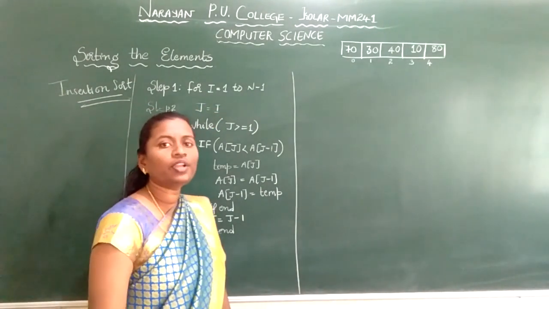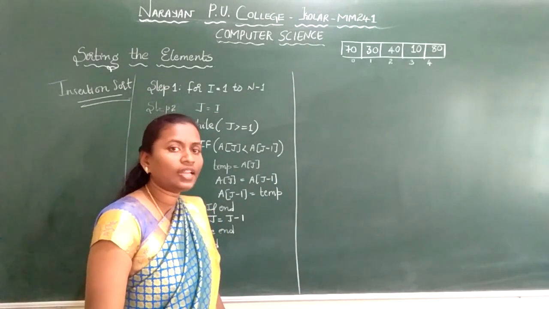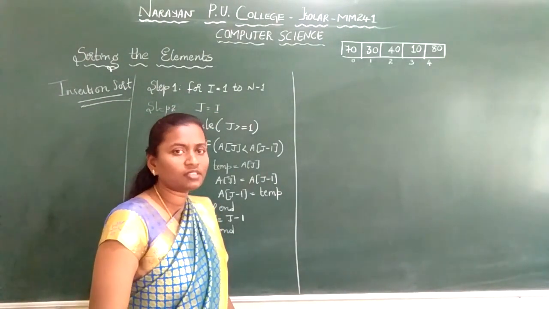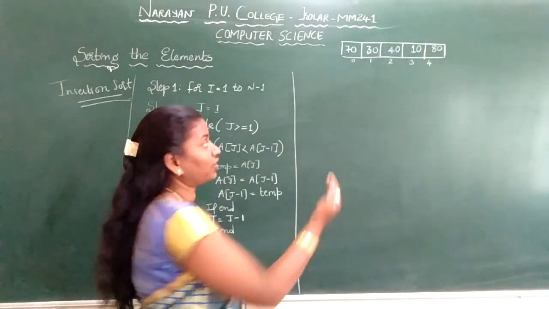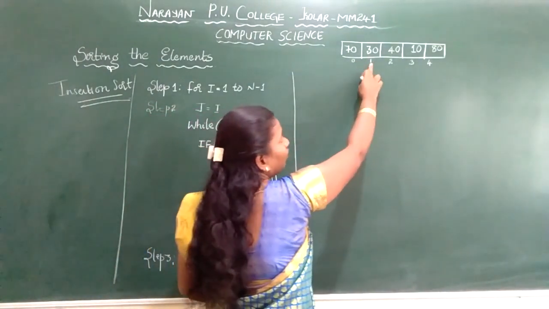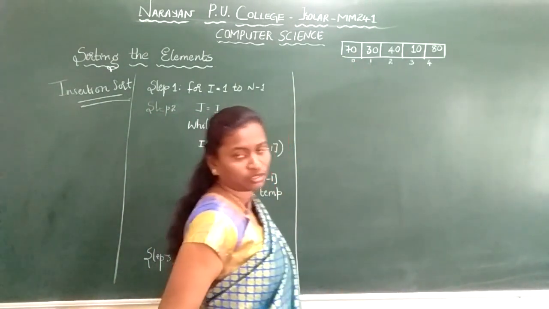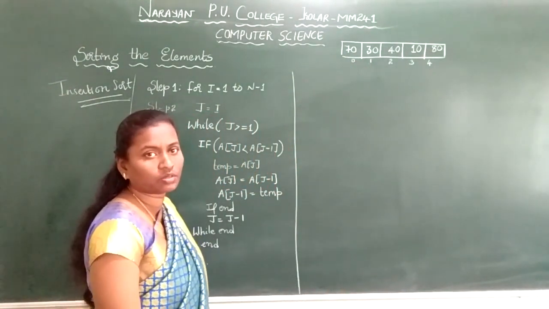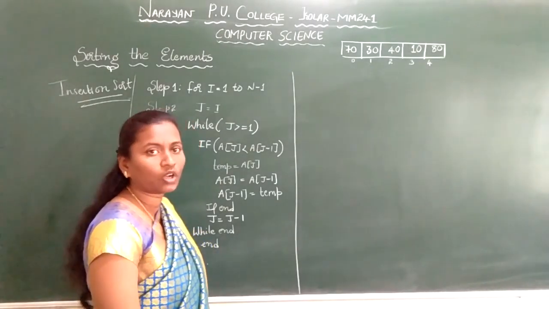Why do we start with I equal to 1? Because we assume the first element falls in its place, that is, the first element is in ascending order. We compare the second element with the first element. That is how insertion sort works. Later, as the sorting process goes on, we will get the sorted array.